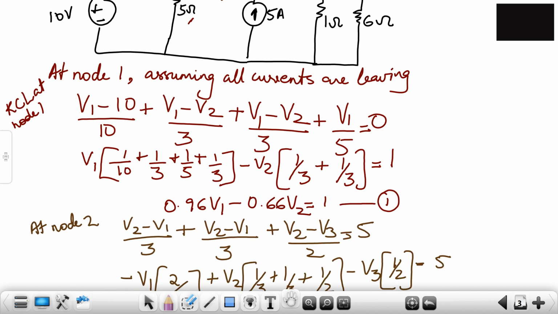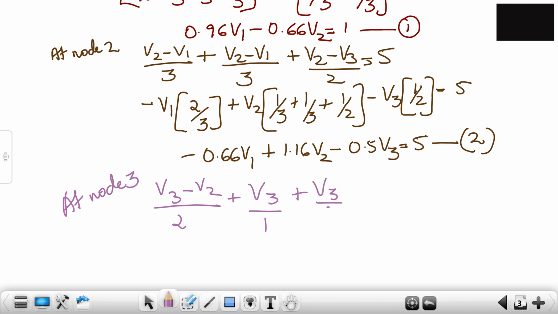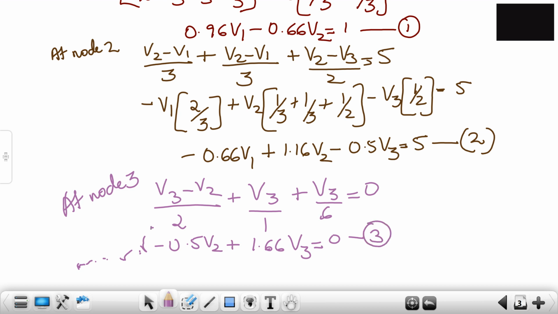So let's write it down: (V3 minus V2)/2 plus V3/1 plus V3/6 is equal to 0. So you get minus 0.5 V2 plus 1.66 V3 equals 0. This is your third equation.